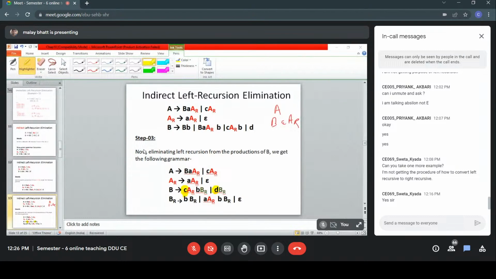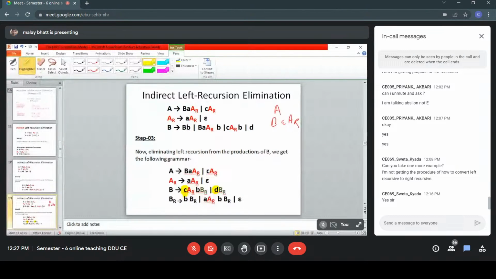Because if we are getting a non-terminal, we don't know whether that non-terminal will be effective or not. It will give me the correct derivation or not. But when you look at the terminal symbols, you can clearly match that with the input string and you can proceed further. So our ultimate goal is that whenever it is possible, try to get the terminal symbols on the top without changing the grammar meaning. In the first production A, you can see two alternatives.